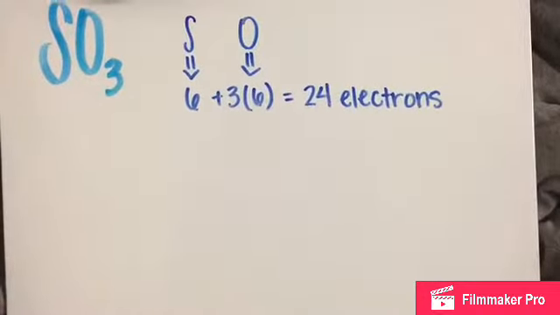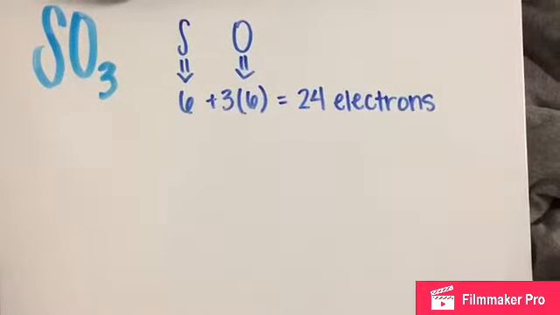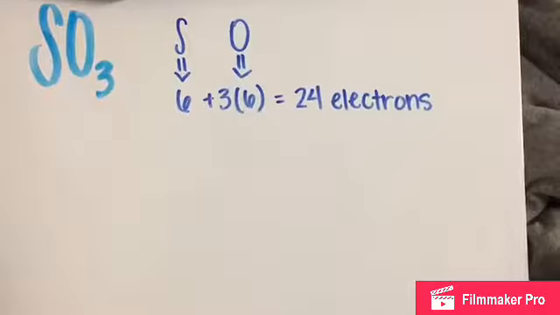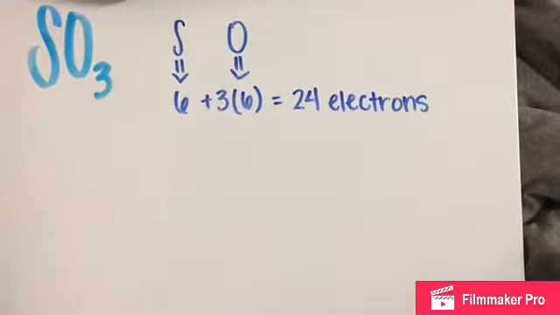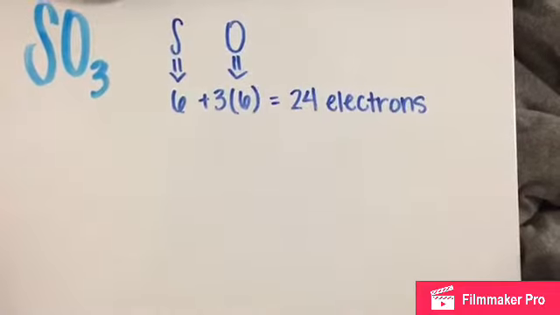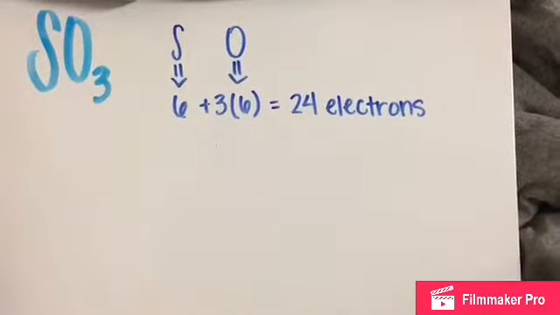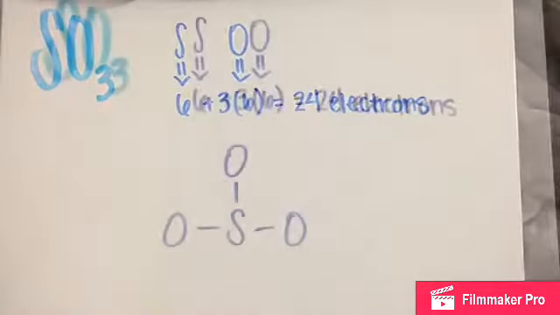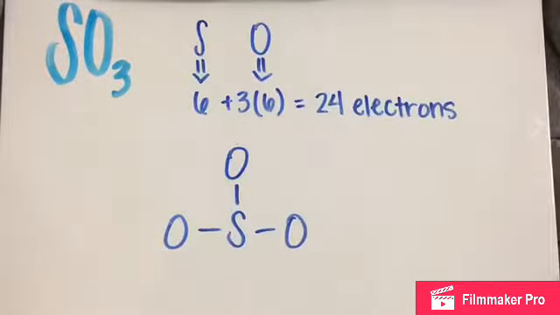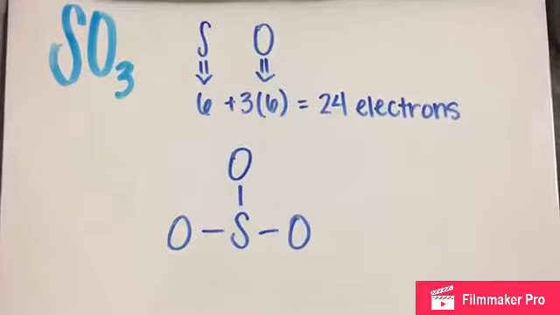So we see that the S atom will give us 6 electrons. The 3 O atoms each have 6 electrons, and these added together give us 24 electrons. Now let's see where all the electrons will be placed.